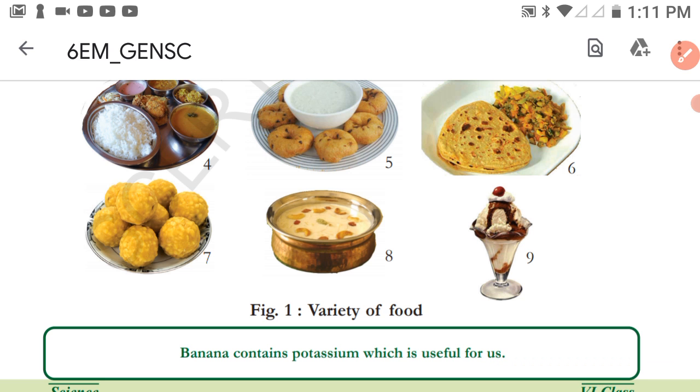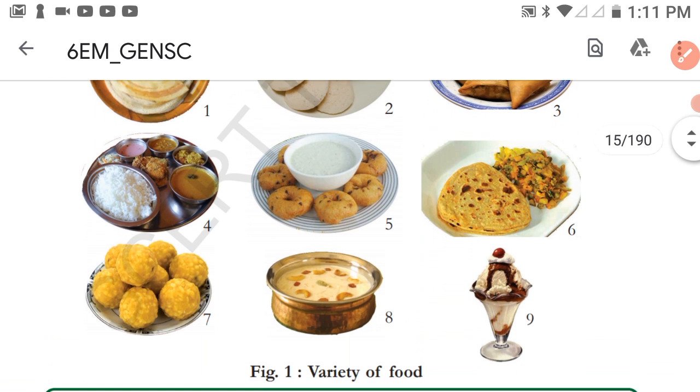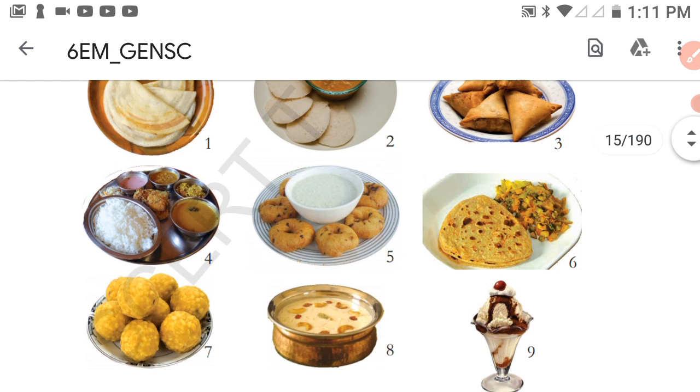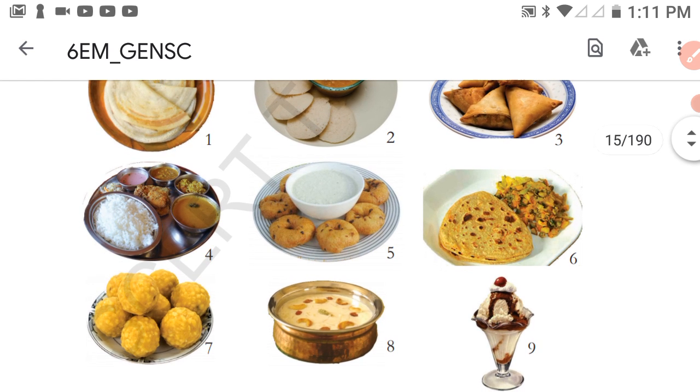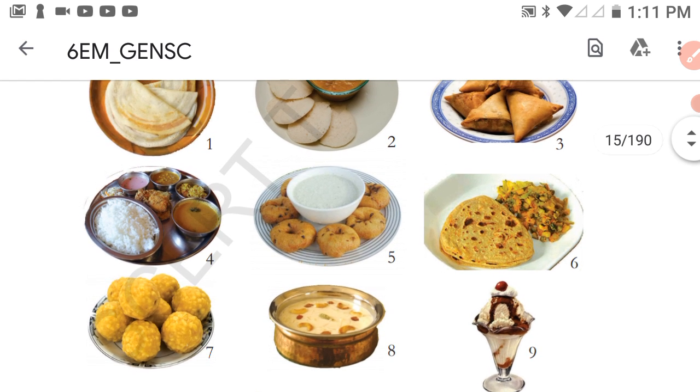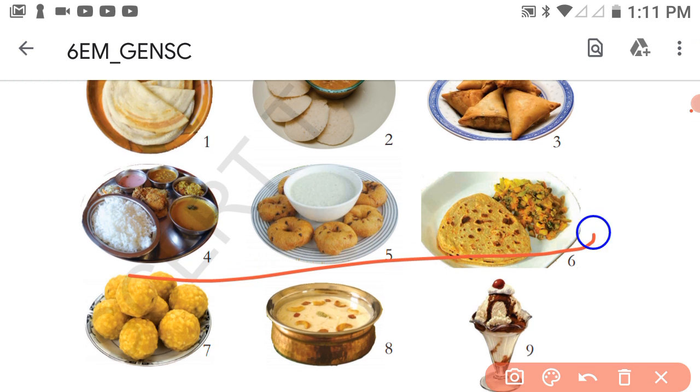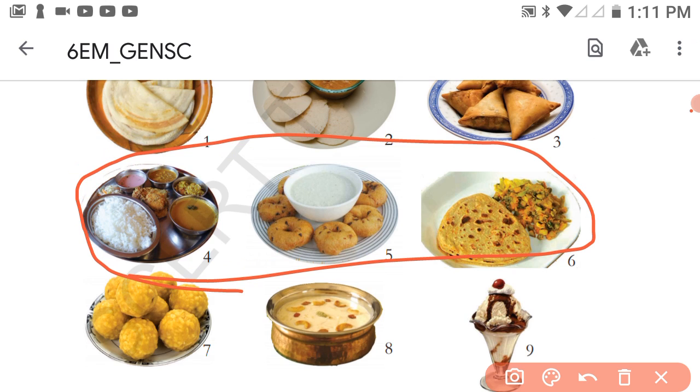So, now we have looked at almost 9 food items, a few of which are our favorites, a few we like, a few we have for breakfast, a few for lunch. See the ones in the middle row, we mostly consume them for lunch and dinner.